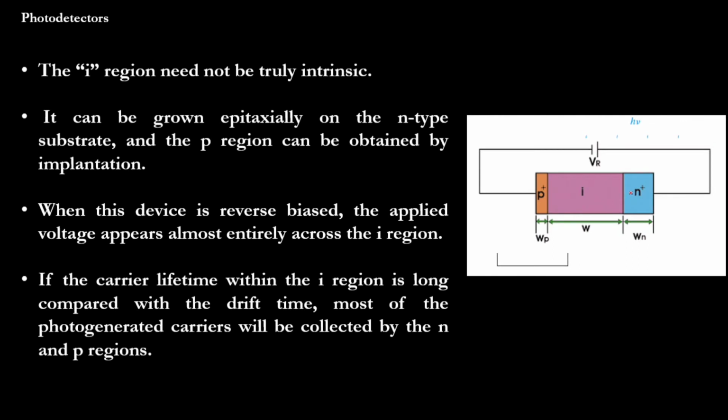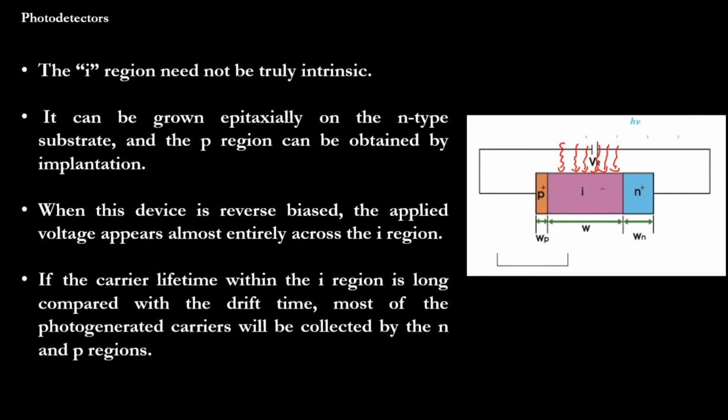Then when the photon is falling on this, the depletion region is large compared to the neutral N region and P region. So we will expose only this portion to the light.